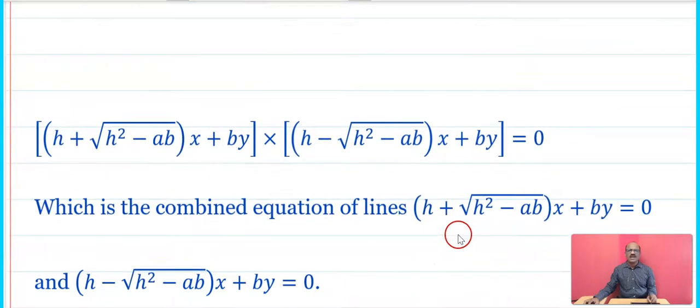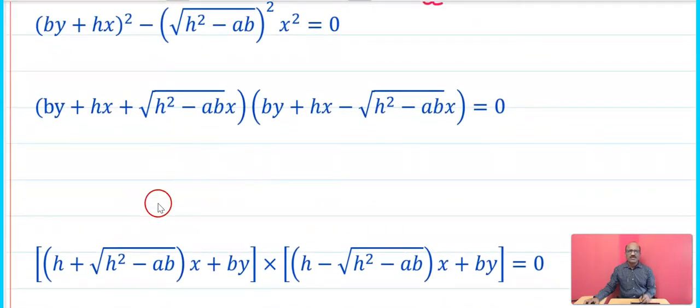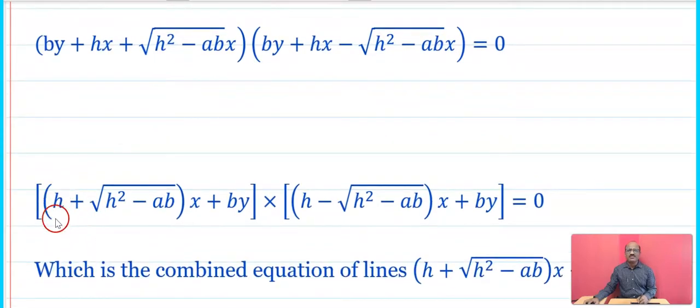And here from these terms, hx + √(h² − ab) x, we will take x as common. Then in bracket you will get (h + √(h² − ab)) x + by. And for the second bracket, again from these two terms you can take x as common.